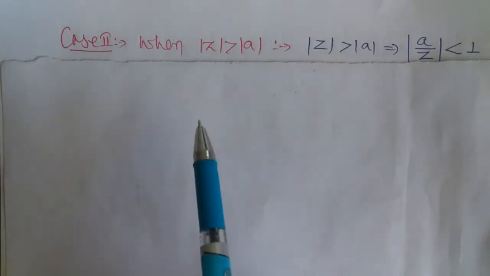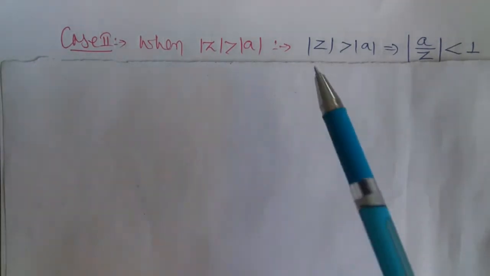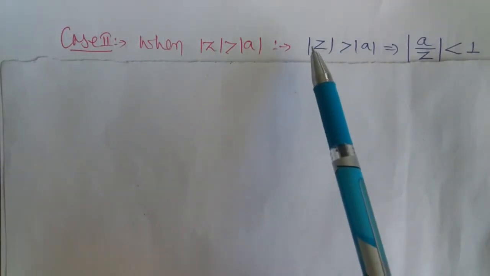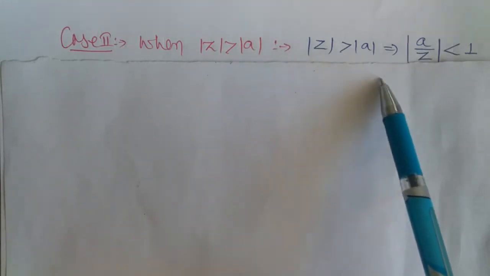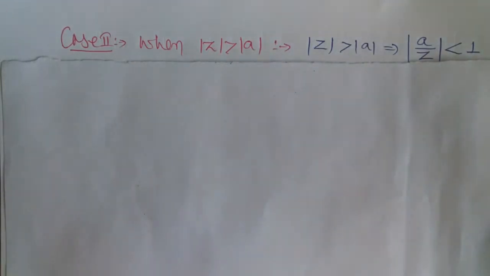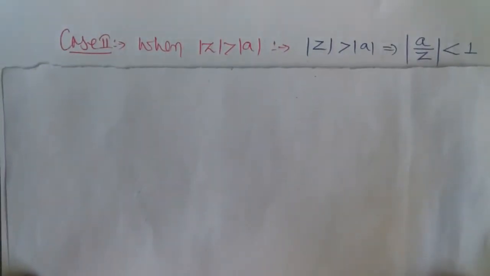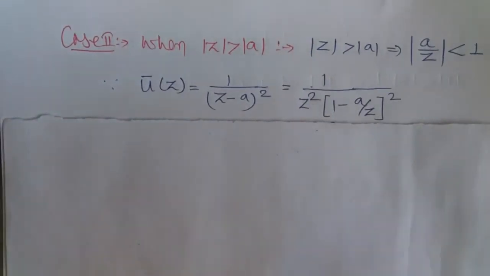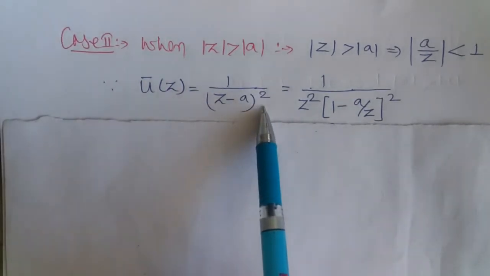So case second is when mod z is greater than mod a. Mod z greater than mod a gives mod a by z is less than 1. So we expand the given function in terms of a by z. Given U bar z is 1 upon z minus a whole square.